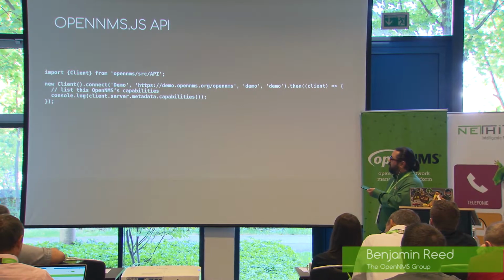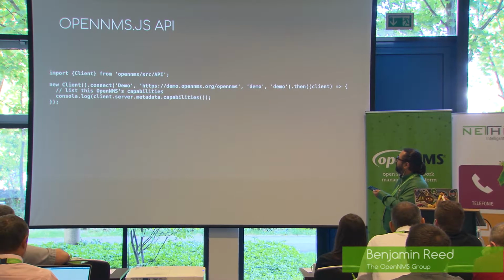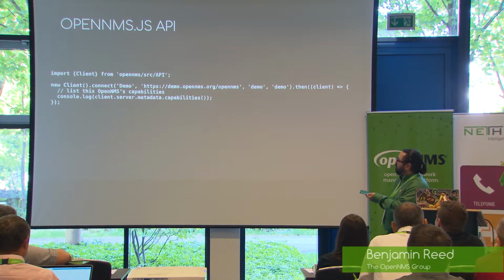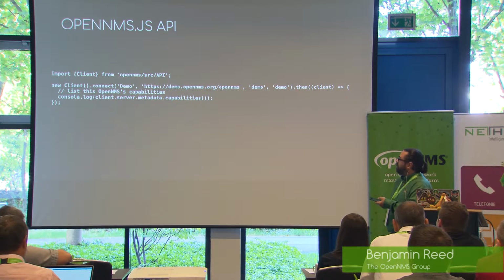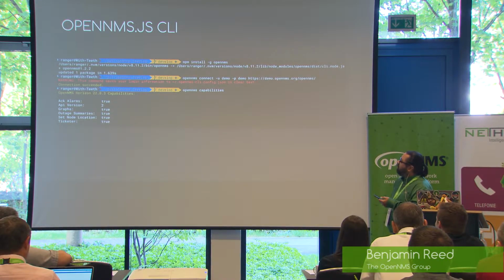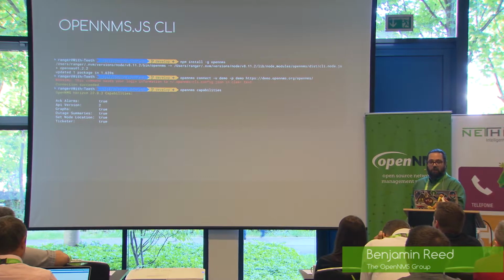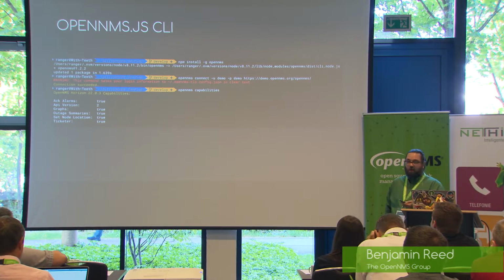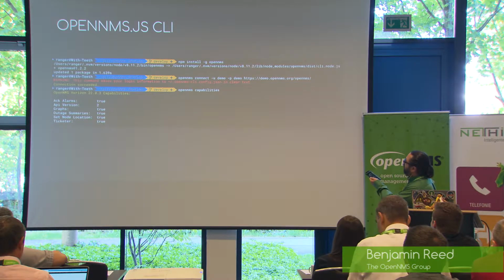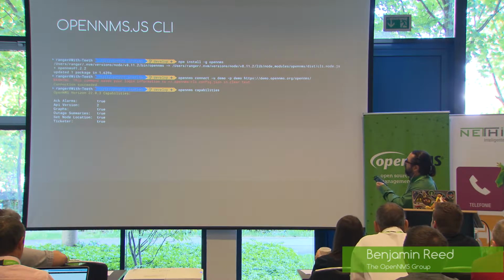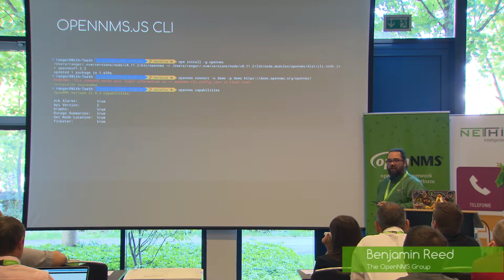So here you can basically create a client object, connect to demo, and then you can list the client's capabilities. And then here, if you install the OpenNMS command line tool through npm, this is doing the same thing. You can connect to demo. It will save your login information, although it does it in clear text.